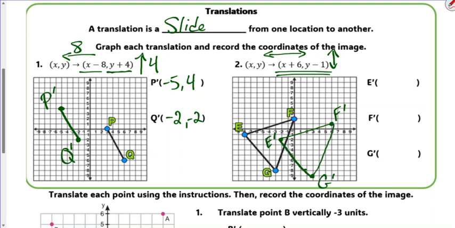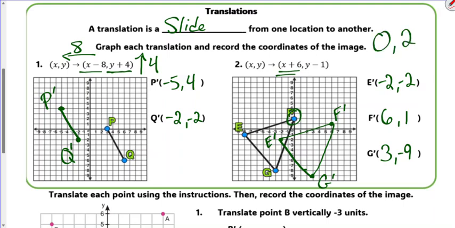All right, so E ended up at -2, -2, F ended up at 6, 1, and G is at 3, -9. I want to point one thing out here. You actually don't need the picture to do this. When I say x plus 6, I'm actually saying add 6 to the x value. So let's look at F. F starts out, the original point is at 0, 2.